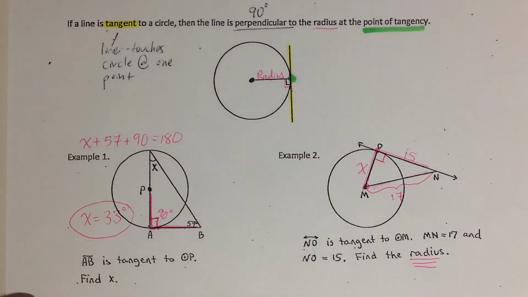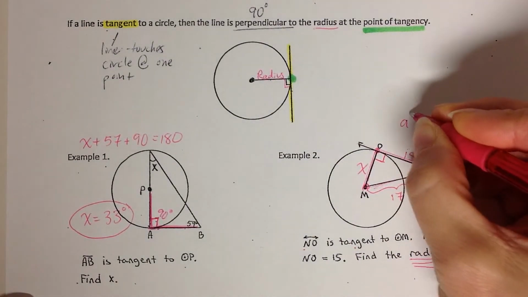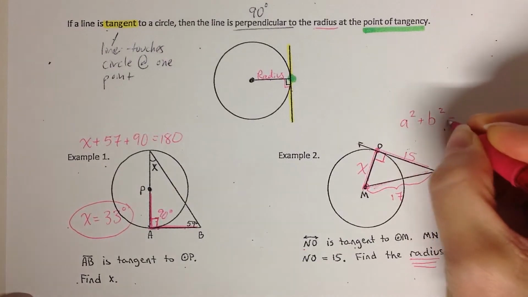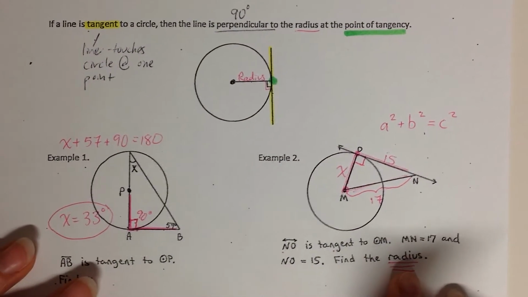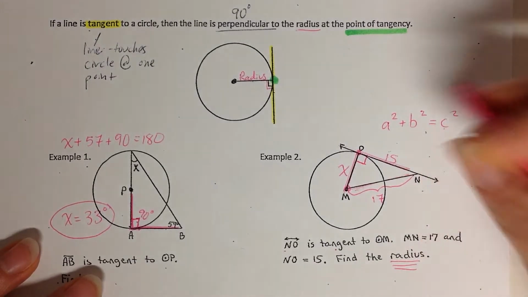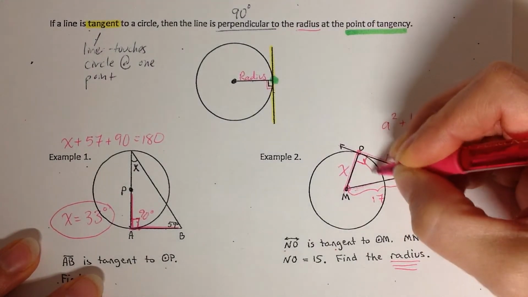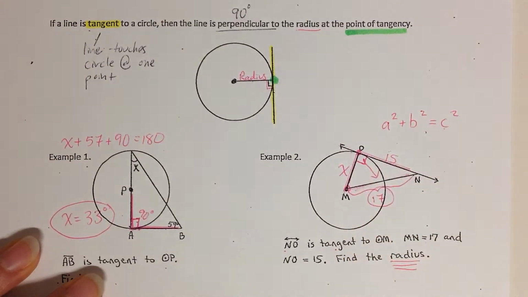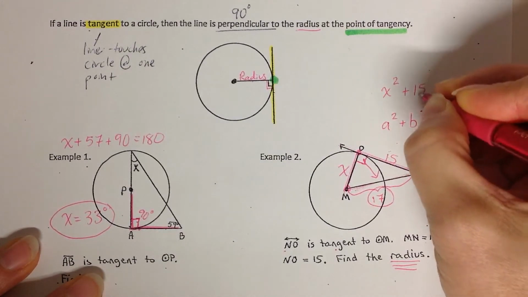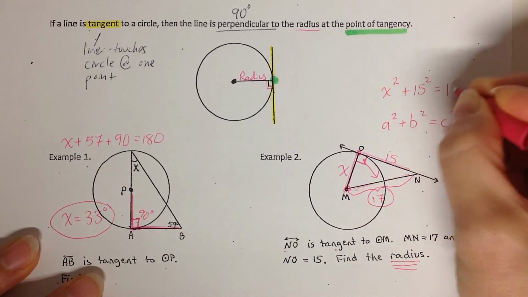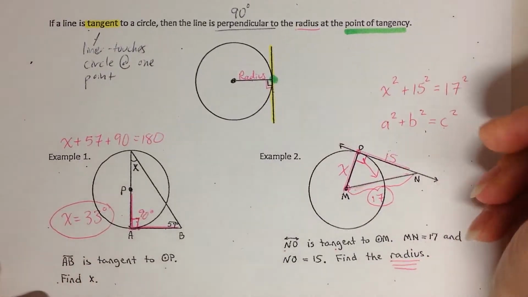And then you can go ahead and solve this with Pythagorean theorem. Remember, the most important part of Pythagorean theorem is going to be finding what goes in for C, the hypotenuse. Go find your opposite side there to the right angle, that's going to be C. So when you do your algebra here, you're going to have x squared plus 15 squared equals 17 squared.